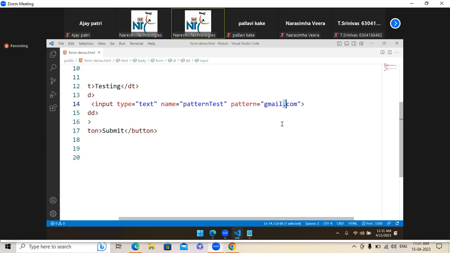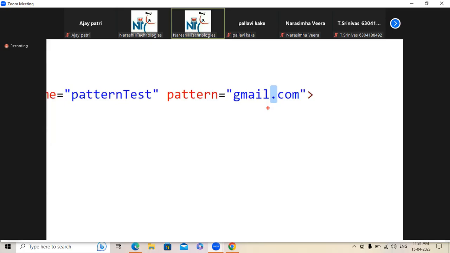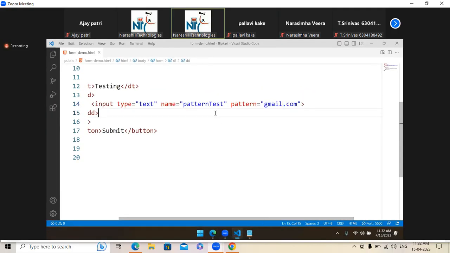For that, we have a specific representation. So if I write like this, what happens now? This indicates a single character, any single character. You see now, it works like that.